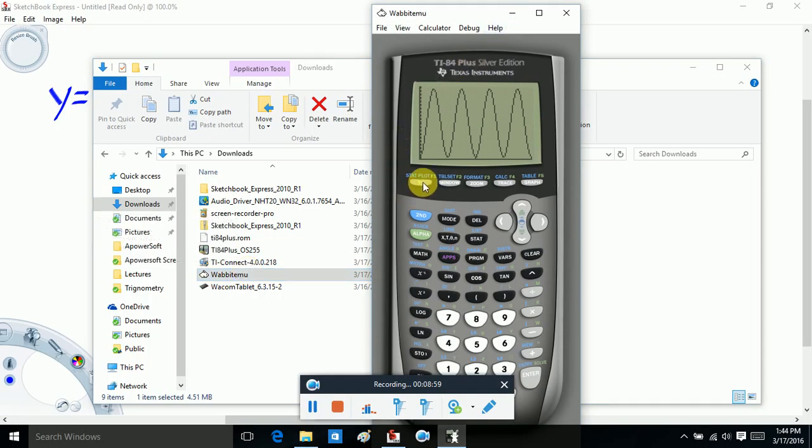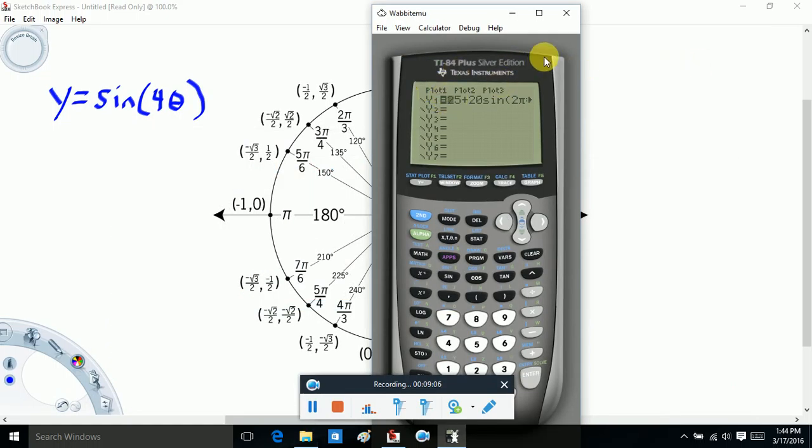Okay, so let's try to plot this graph here. Y equals sine of 4 theta, or x.